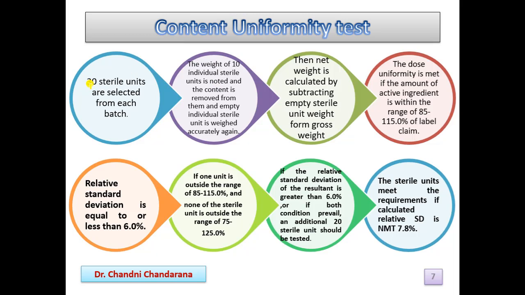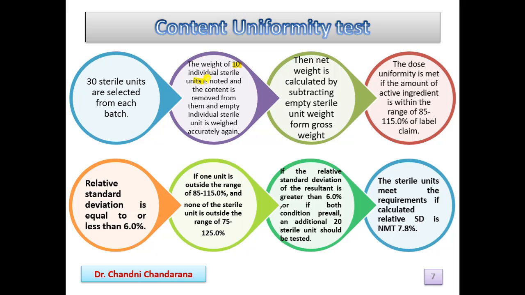Firstly, 30 sterile units are selected, meaning we have to take 30 containers or products from each batch. The weight of 10 individual sterile units is noted, and the content is removed from them. An empty individual sterile unit is weighed accurately again.